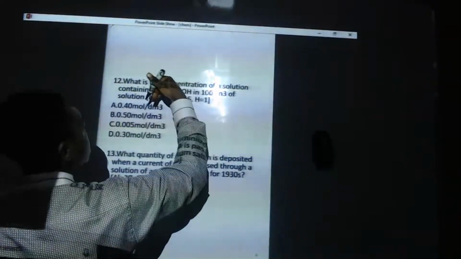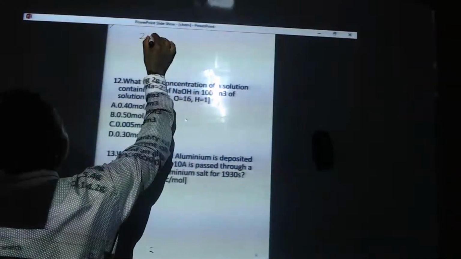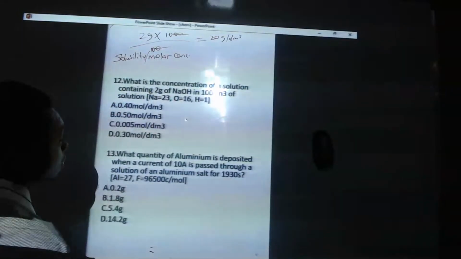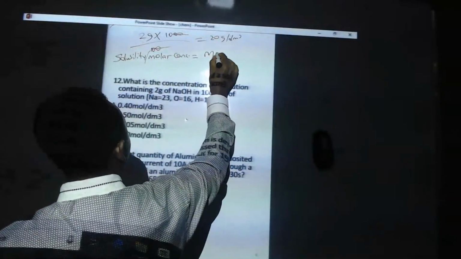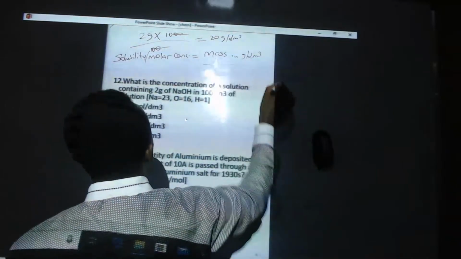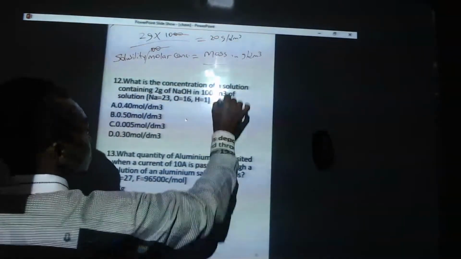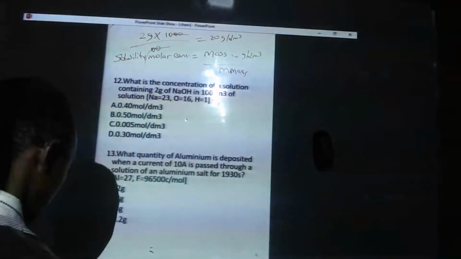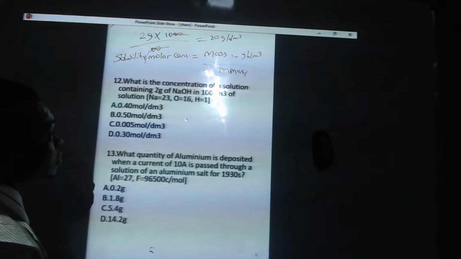All you have to do here now, since you've been given 2 grams, is 2 grams times 1,000, which is equal to your mass in gram per dm cube, all over the molar mass. So now we have to find the molar mass of sodium hydroxide.